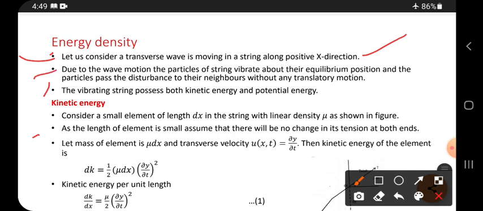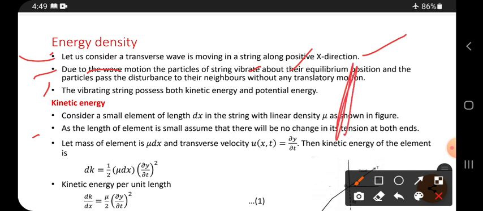Due to the wave motion, the particles of a string vibrate about their equilibrium position, and the particles pass the disturbance to their neighbors without any translatory motion. Here, due to the wave motion, what is the particle doing? Particles of the string vibrate about their mean position only.